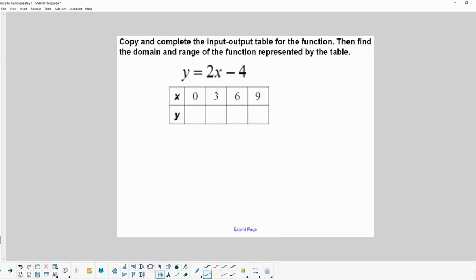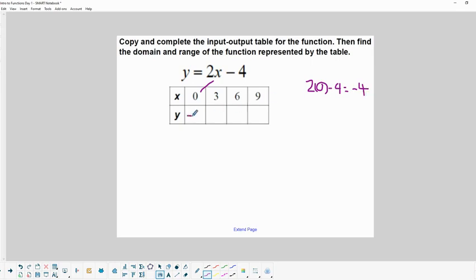Okay, so now we've got a little equation written in slope-intercept form, or what we call function form now. And so we're going to plug in some numbers and find some inputs and find out what our outputs are. So if we input 0, so 2 times 0 minus 4, so we're putting 0 in. 2 times 0, 0, 0 minus 4 equals -4.